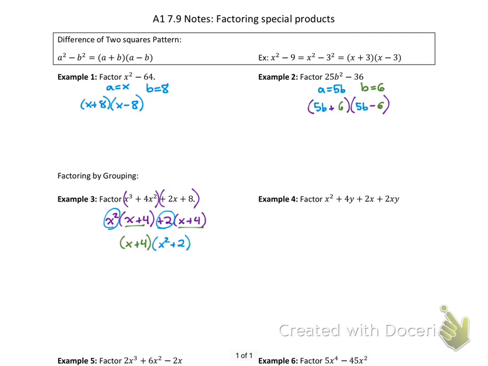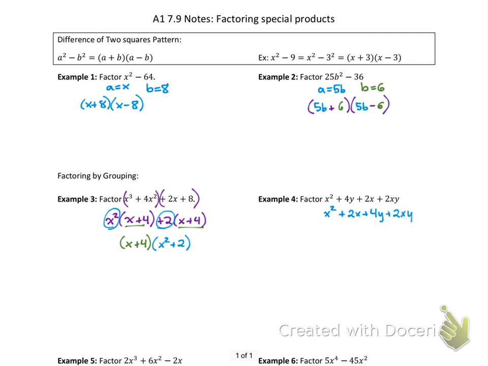I'm actually going to write it in a different order, and I know this example is a little weird. They're not all going to look like this. In fact, most of them probably won't, but just to give you some heads up on what something could look like, we're doing this type of problem. So I'm going to reorder this to put the 2x first and then the 4y.